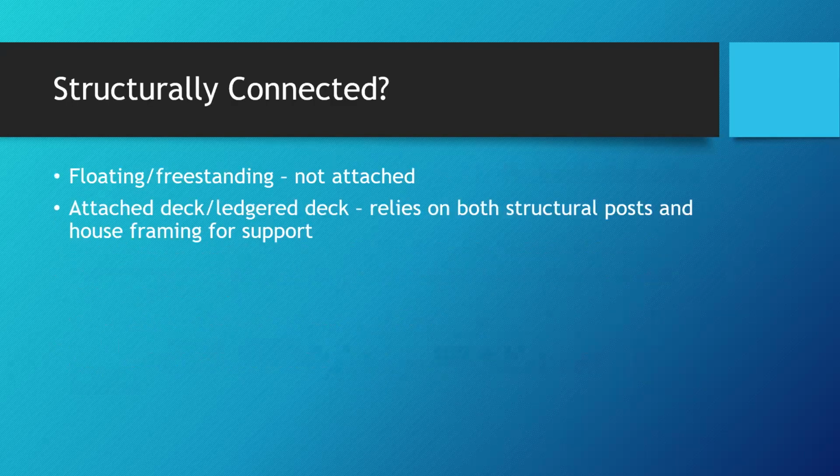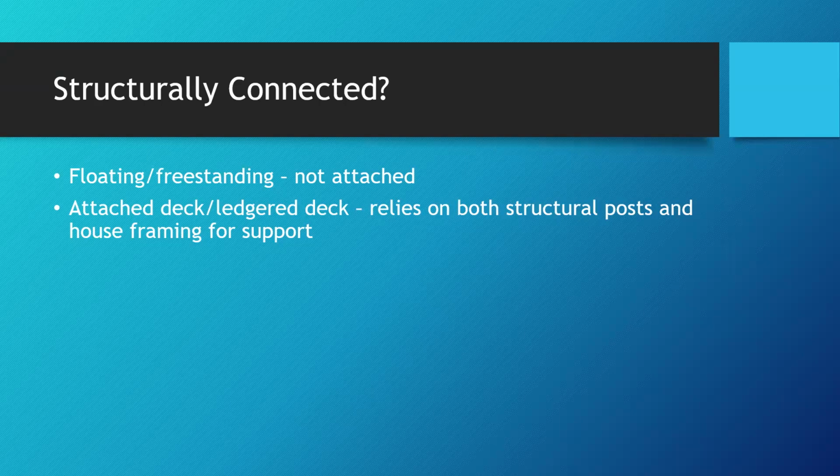And I have seen it where you have like wooden or metal stairs that are right next to the building, and they may be attached somehow laterally, but they're not structurally connected. And the same thing is popular for decks. Like you might have a floating or freestanding deck that's right next to the structure. Or it could be structurally attached where it relies on both the structural post and the house framing for support.